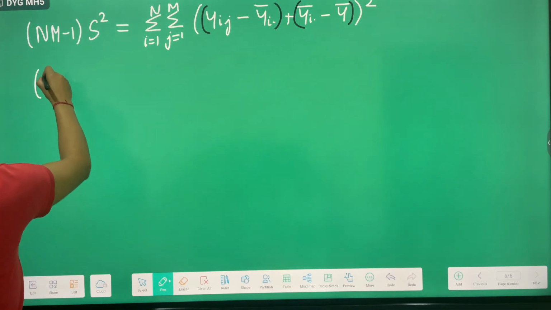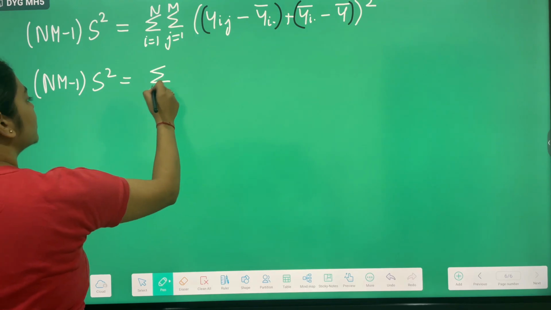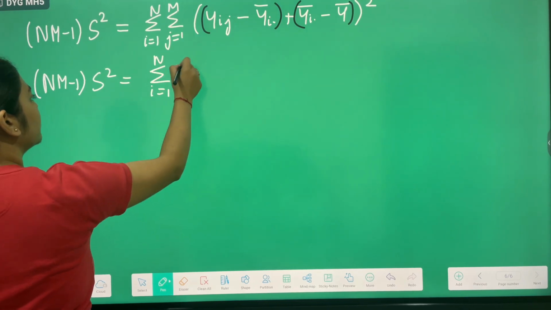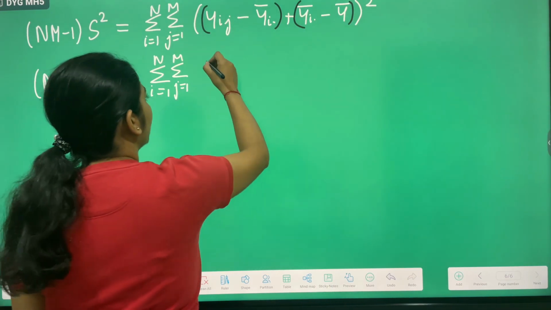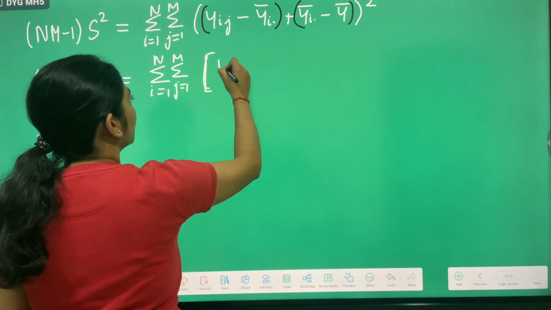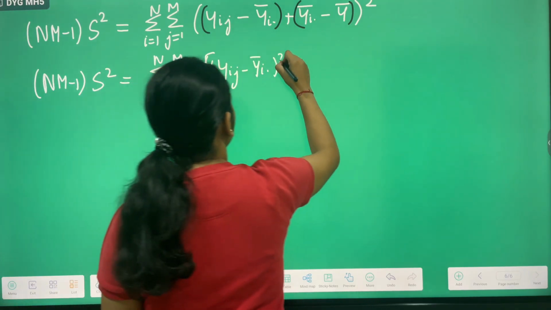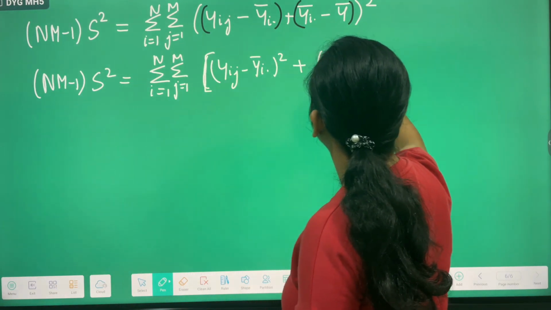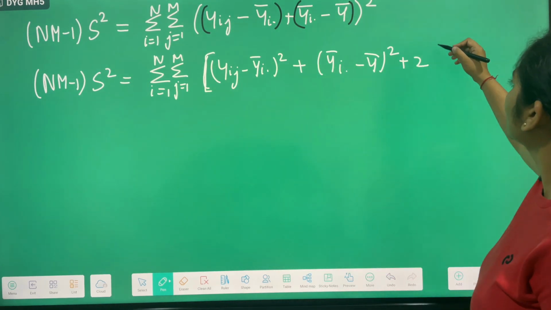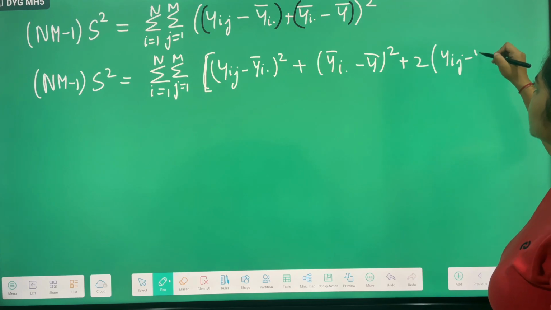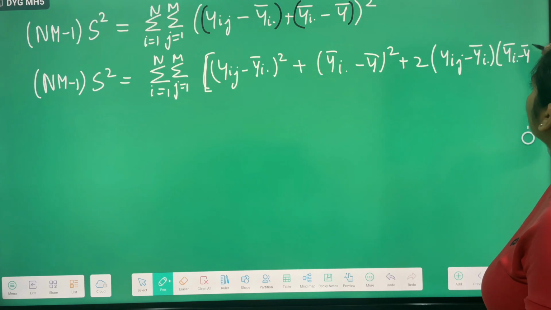So we can write it as NM minus 1 into S square is equals to summation i goes from 1 to N, summation j goes from 1 to M, first of all a square: y_ij minus y bar i dot whole square plus y bar i dot minus y bar whole square plus 2 into y_ij minus y bar i dot into y bar i dot minus y bar.